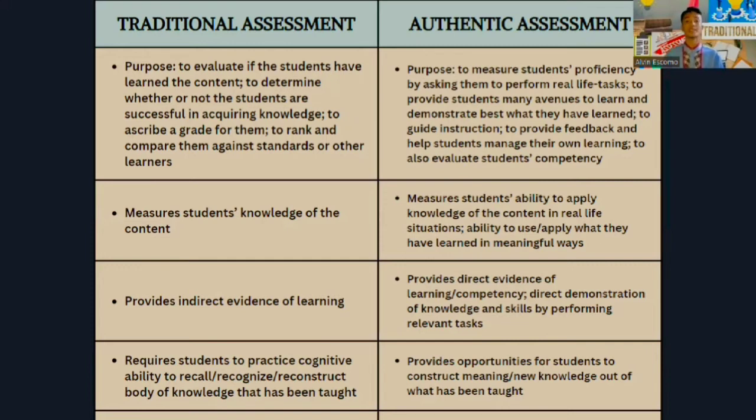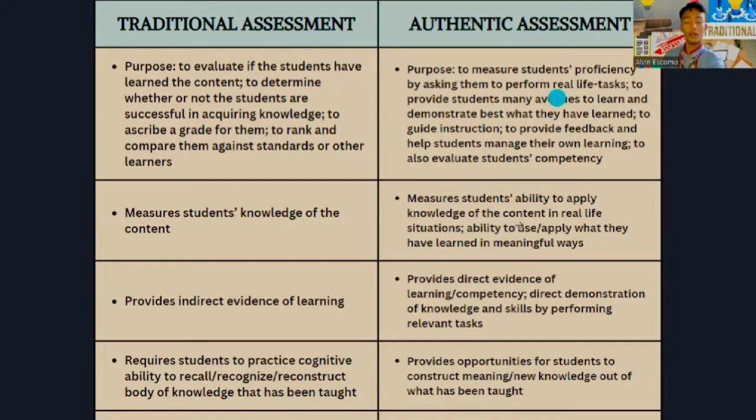It measures students' ability to apply knowledge of the content in real life situations, the ability to use or apply what they have learned in meaningful ways. It also provides direct evidence of learning competency, direct demonstration of knowledge and skills by performing relevant tasks.